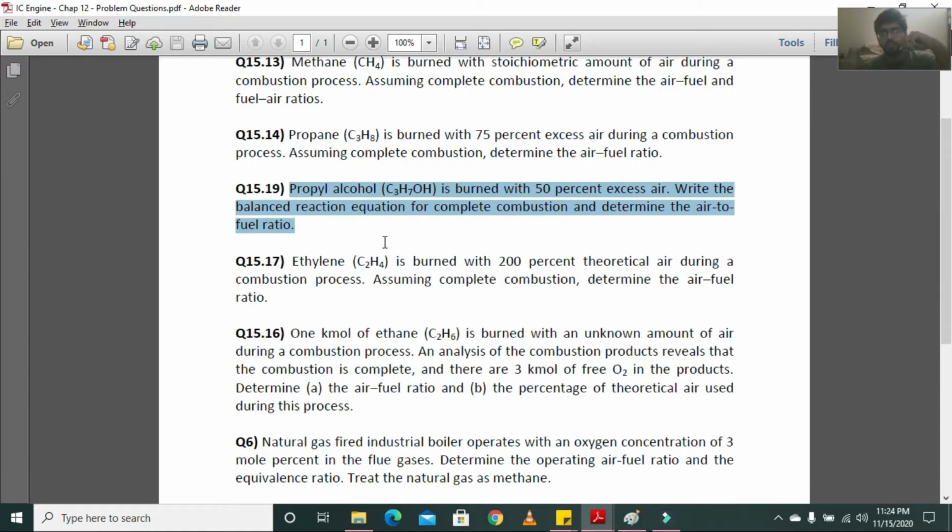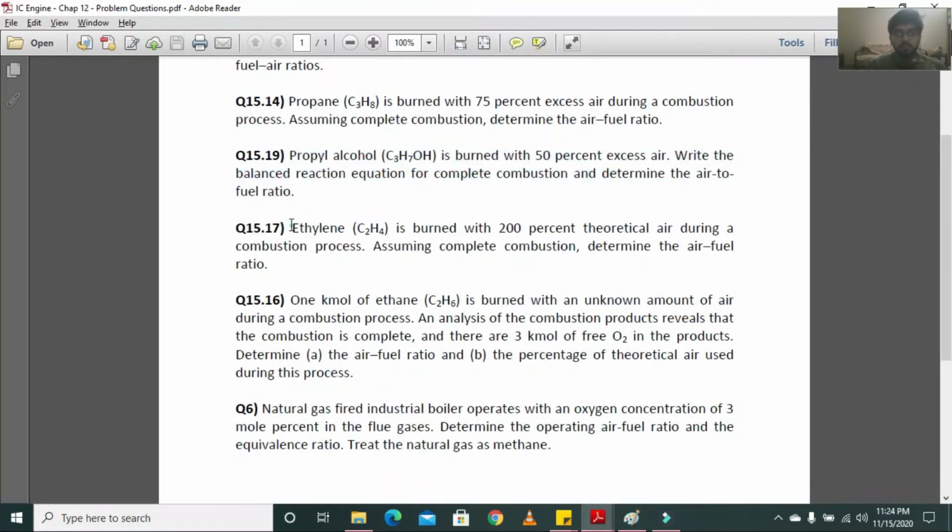I'm moving forward towards the next question, that is 15-16. I will first solve the question 15-17. I will first solve this question.